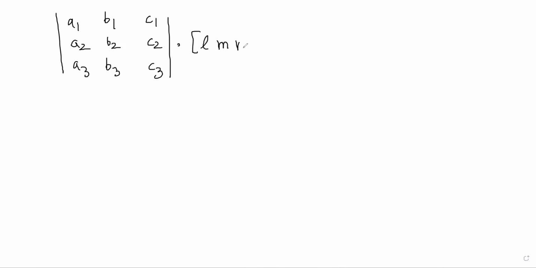You can show that that is equal to the determinant of A1, B1, C1, A2, B2, C2, and A3, B3, C3. So that determinant times the L M N box product is equal to the box product of A, B, C. Here A, B, and C were written in terms of the vectors L, M, and N, right? And A1, A2, A3 were the components of A, B, C in terms of L, M, and N.